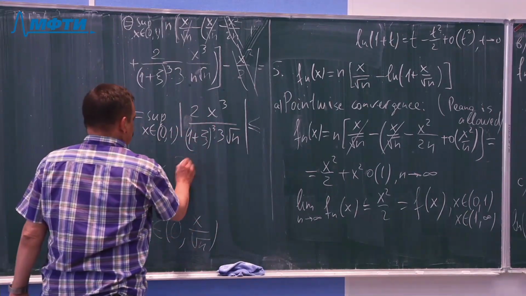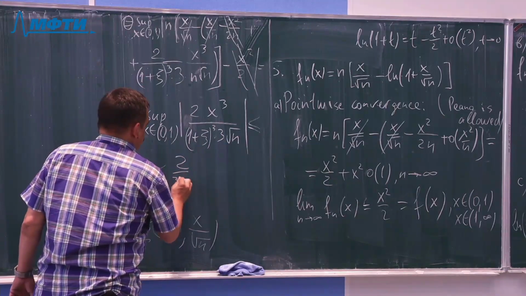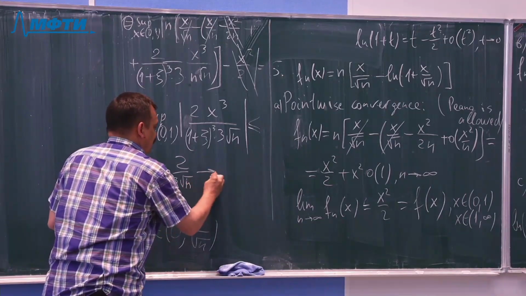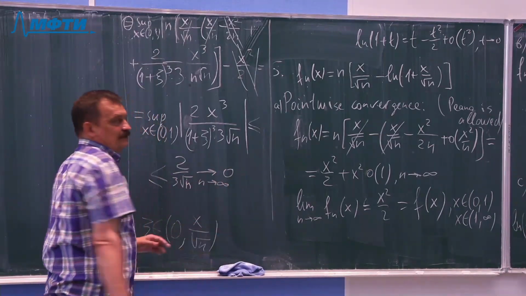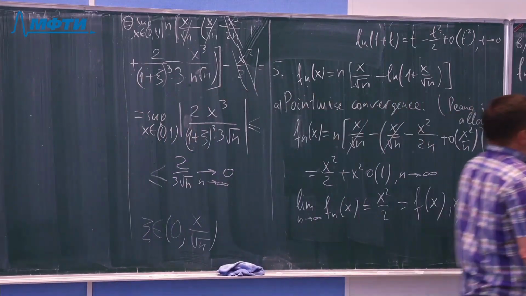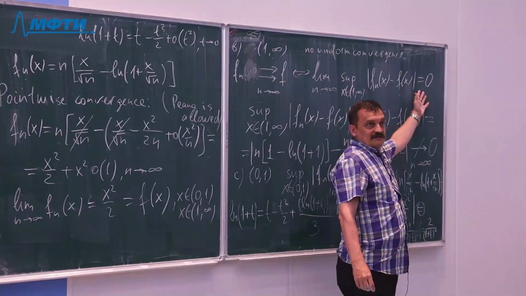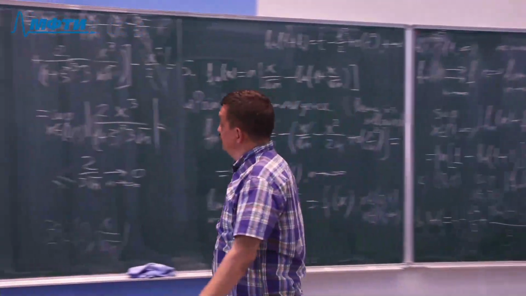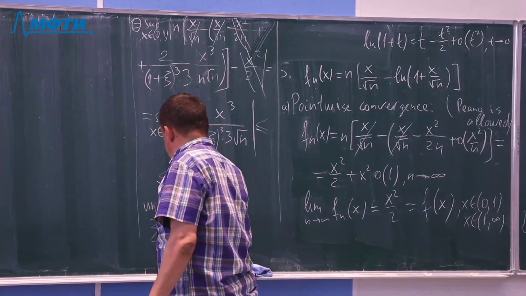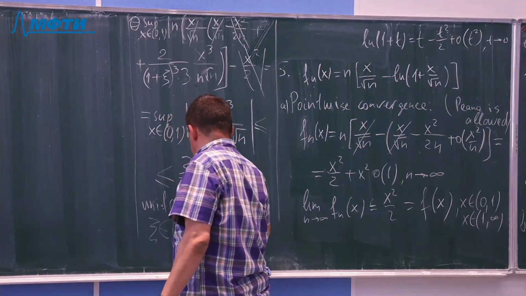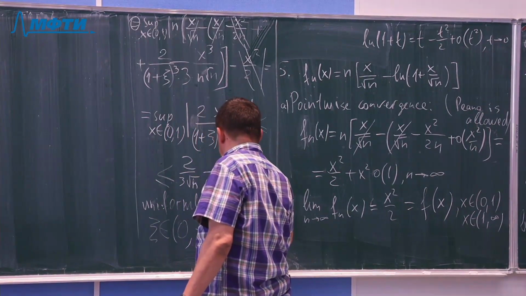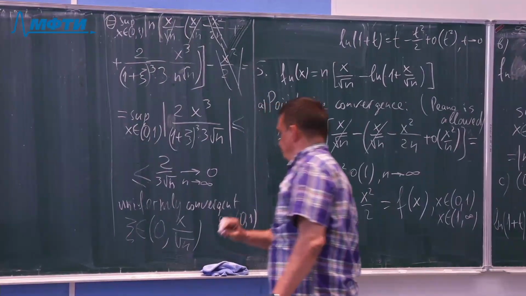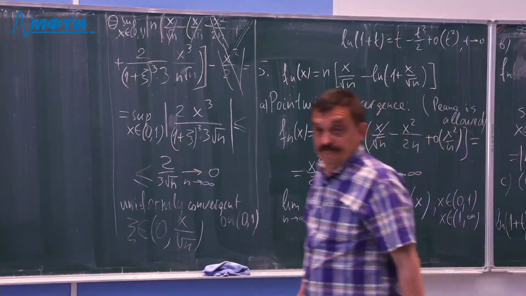So what remains? 2 over 3 square root of n. And you see this tends to 0 as n tends to infinity. The supremum tends to 0, and it means we have uniform convergence on 0, 1.